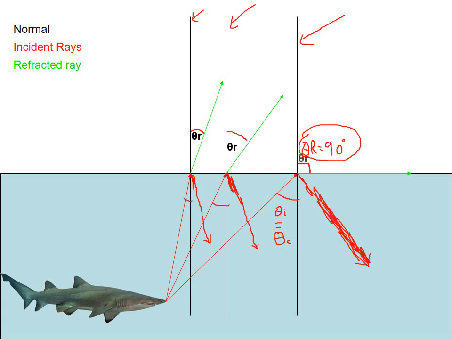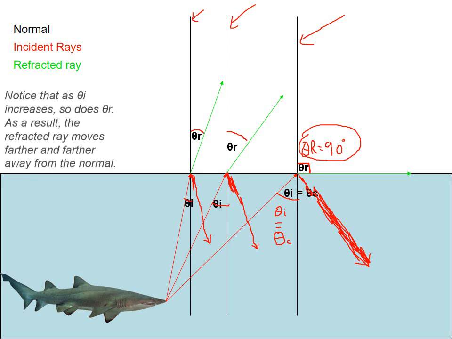So again, notice the angle of refraction increasing as your angle of incidence increases. Once you get to an angle of incidence where the angle of refraction is 90 degrees, that's going to be your critical angle, where the light ray rides along the interface between the two media that you're studying.